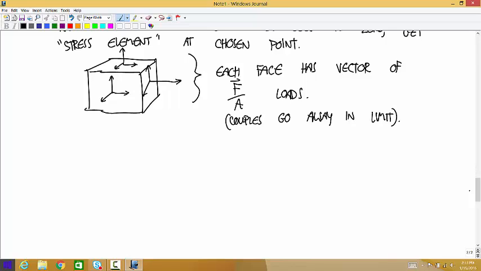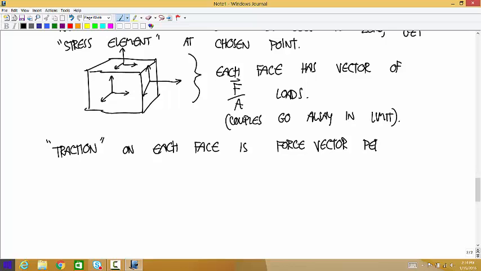All right, so how many unknowns do we have in the stress at one point now? Okay, the traction on each face, here's where we are now. What we'll call the traction on each face is the force vector per face area.